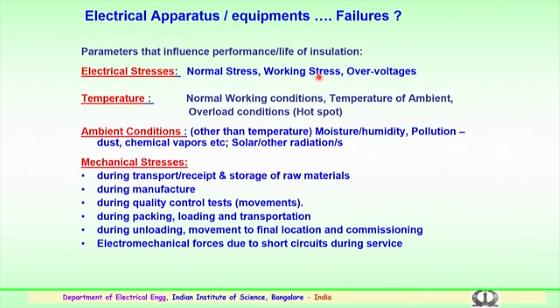Overvoltages could be because of lightning-induced overvoltages, known as lightning overvoltages, or switching overvoltages. This could be because of the switching operations of isolators or circuit breakers, where the stresses faced by the insulation will be higher compared to the normal or the working stress.